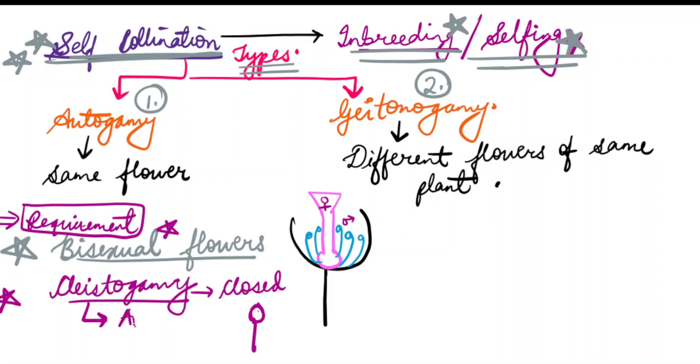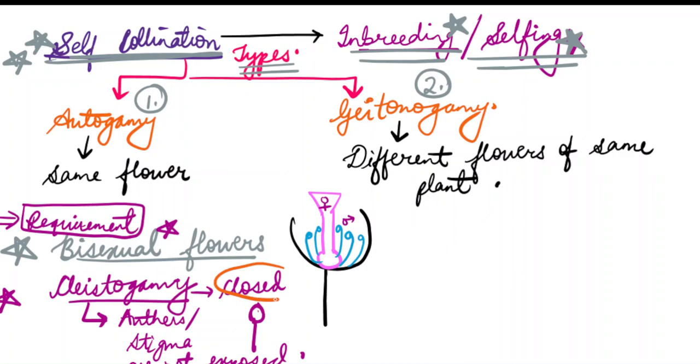Okay, anthers and stigma, we can say, are not exposed, means they are closed.